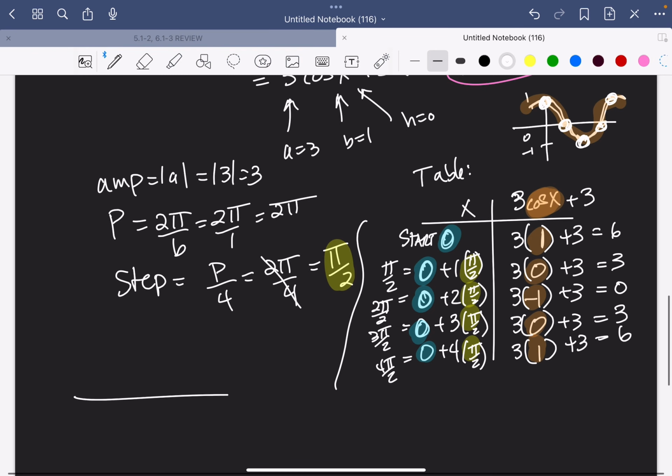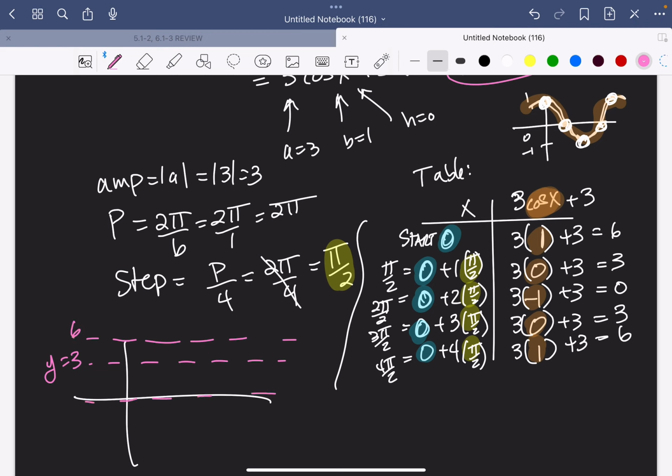Well, that makes sense because we said earlier that our midline was up here at y is equal to 3. It's going to go up to 6 and down to 0 because you go from your midline and you open up the amplitude of 3 and down the amplitude of 3 to really find this envelope that your function is living in. So this range of values.